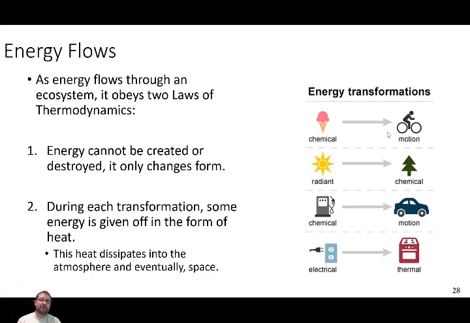Okay? So another way to look at this is that systems are not completely stable. Systems, if left over a long period of time, will break down. It takes energy to maintain those systems. Okay?